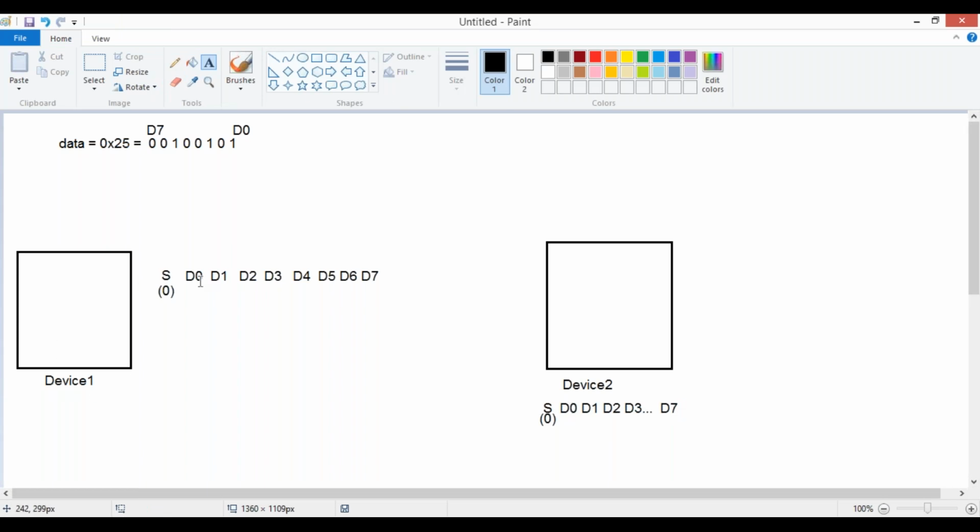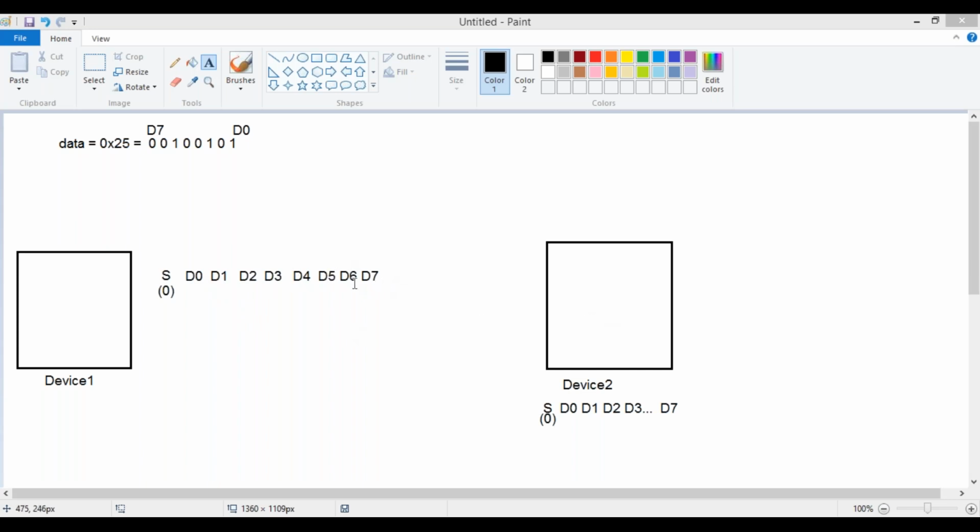Okay, now let's say I want to transmit just this 8-bit data. After this data, does device 1 have any other data to transmit? As of now, do we have any other data to transmit? No. So don't you think once you are done, you have to tell your device, I'm done, I'm not going to transmit any other data?